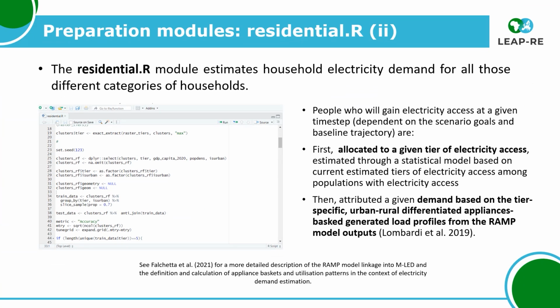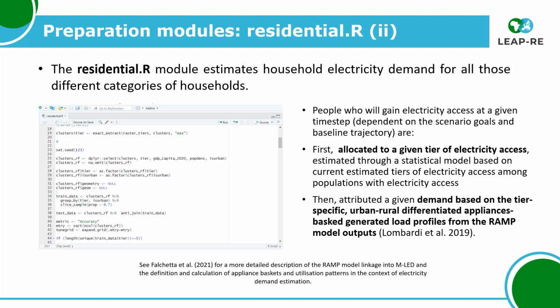Instead, for those who will gain access to electricity at a given future time step, first, households are allocated to a given tier or level of electricity access, which is estimated through a statistical model based on the currently existing distribution of tiers among the population who has access.